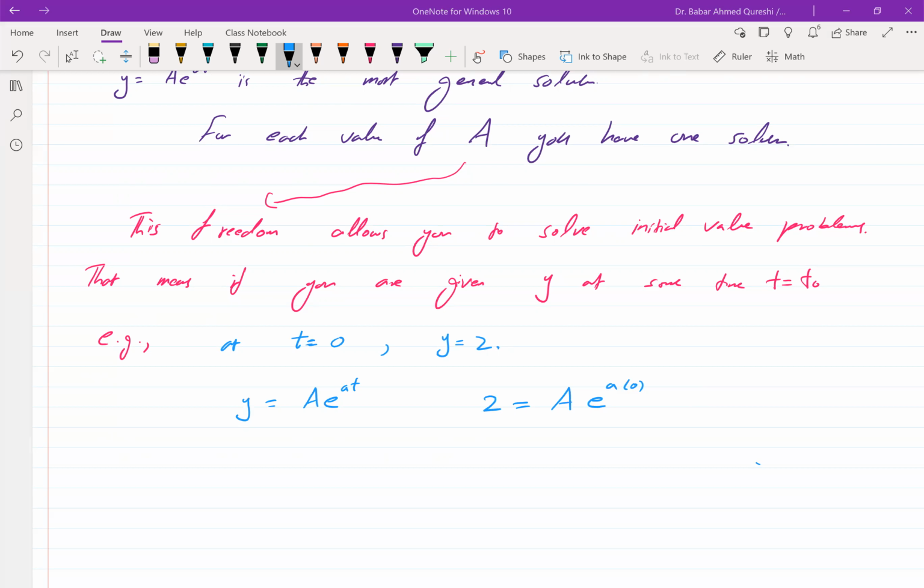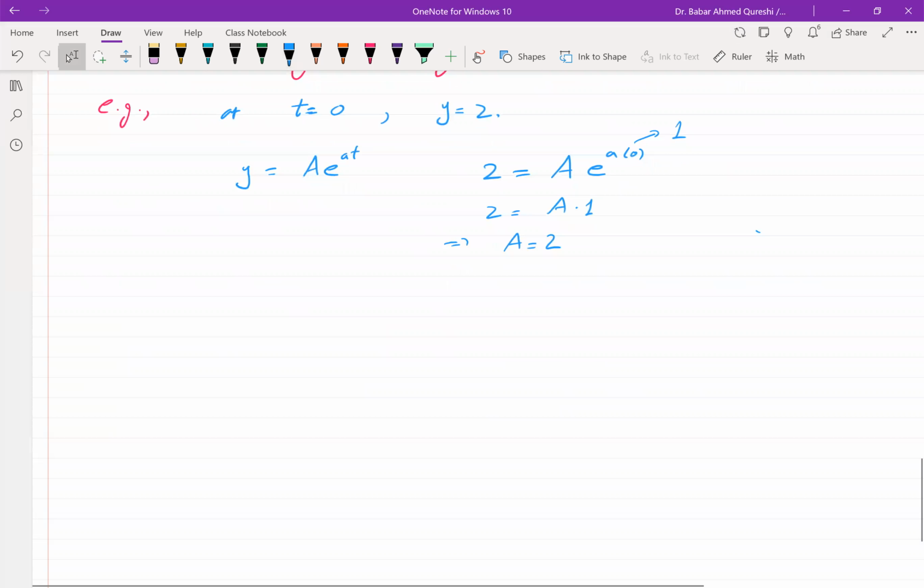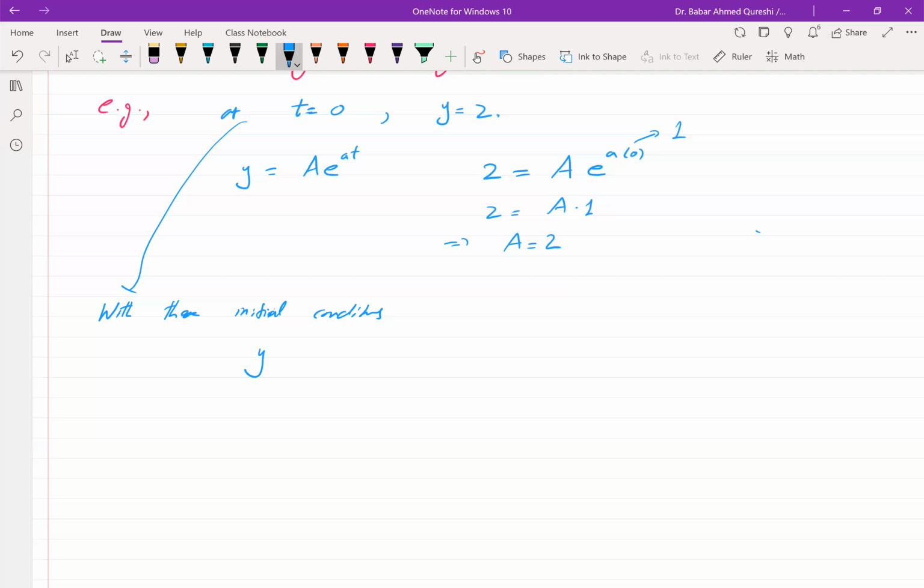So this is 1, exponential of 0 is 1. So that means A is now fixed to value 2. So with these initial conditions, your function would be 2 e to the a t.